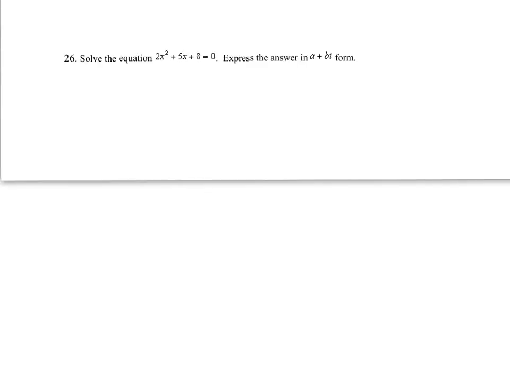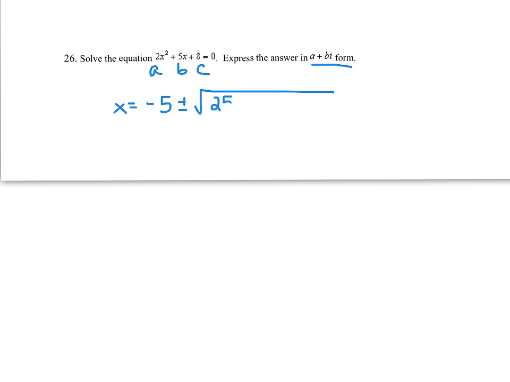This is asking you to express the answer in a plus bi form. So immediately I go to quadratic formula. So my a is 2, my b is 5, and my c is 8. So I have x equals negative b, which is negative 5, plus or minus the square root of b squared, which is 5 squared, right?